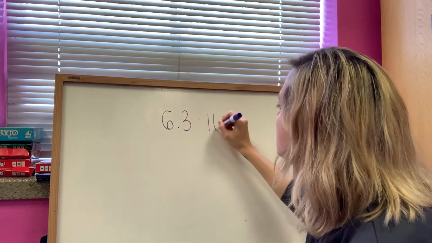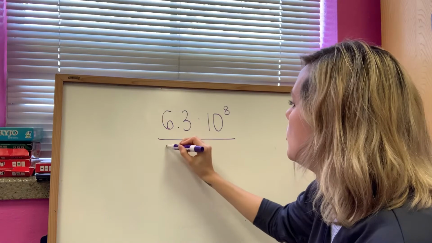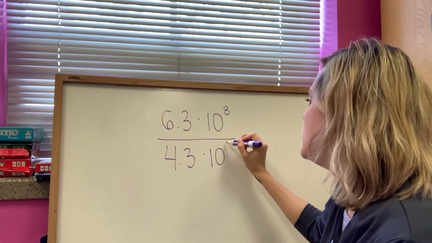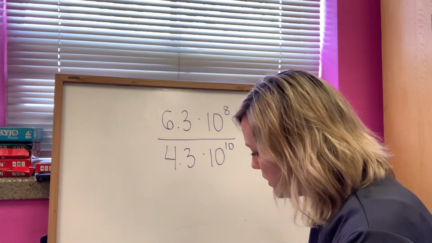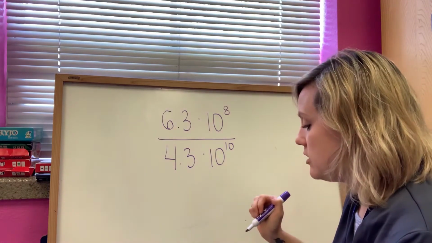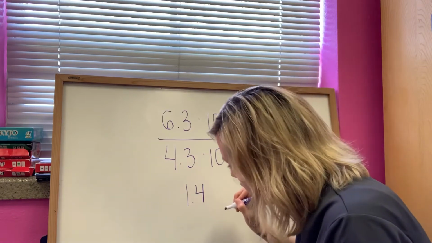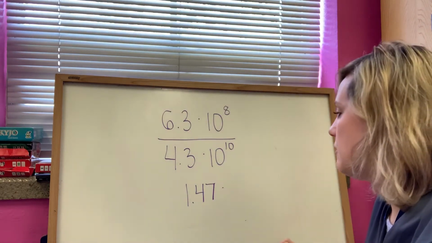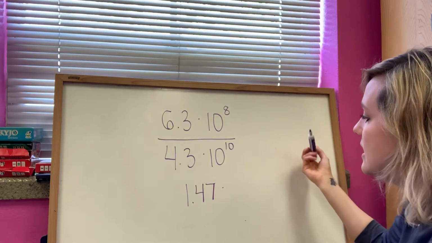6.3 times 10 to the 8th divided by 4.3 times 10 to the 10th. Okay, so the first thing we're going to do is 6.3 divided by 4.3. And I'm going to round it to the nearest hundredth to get 1.47. And then remember when we were dividing, we just subtract the exponents. So 8 minus 10 is -2.